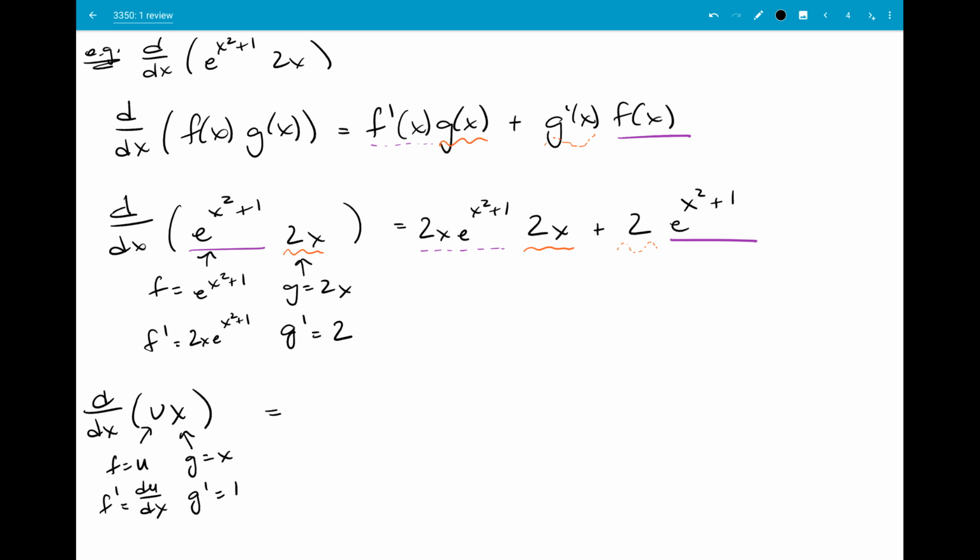And so when we do our product rule of this derivative, we end up with f prime, du/dx, times g of x, plus g prime, 1, times f of x, u. And we would use this to solve for du/dx a lot. That's why it came up recently.